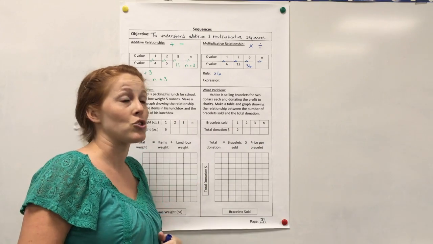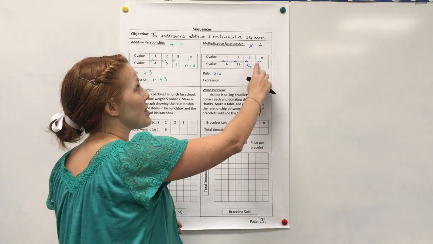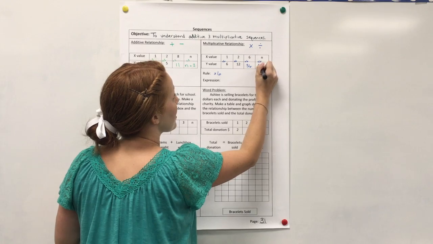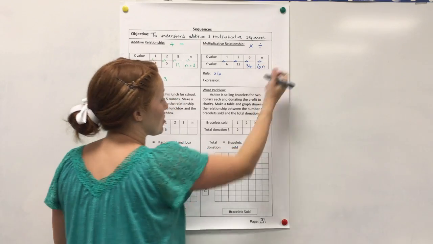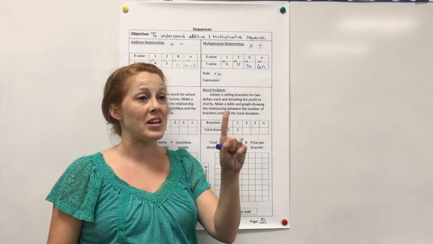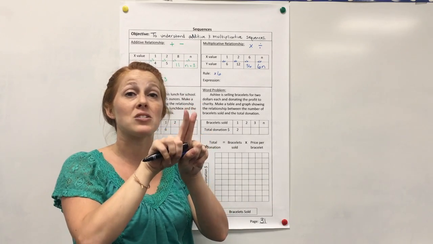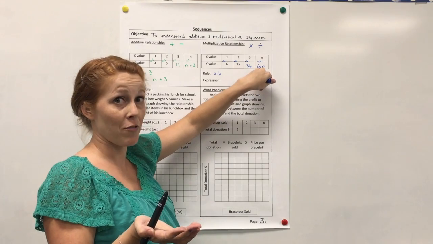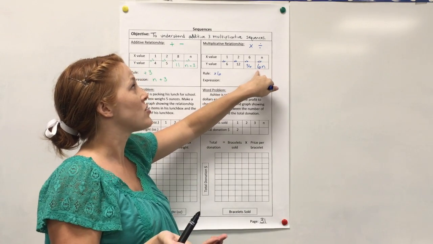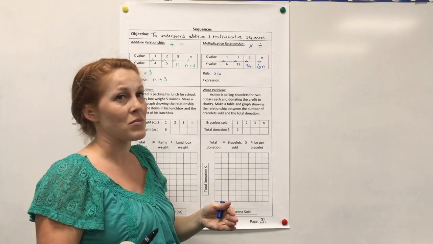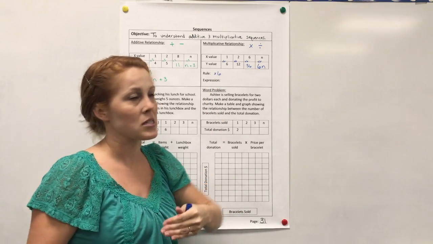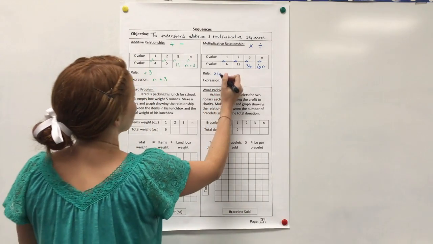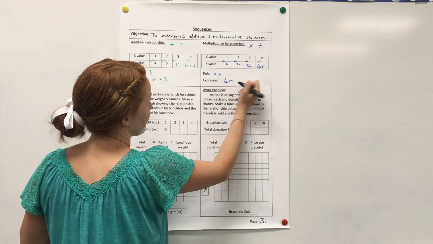The better way to show this is to actually put 6 in front and then put the n afterwards. Whenever in algebra you have a number next to a variable, it means to multiply. And it's just common practice to put the number first and the variable second. So 6n means the same thing as n times 6. So my expression would be 6n.